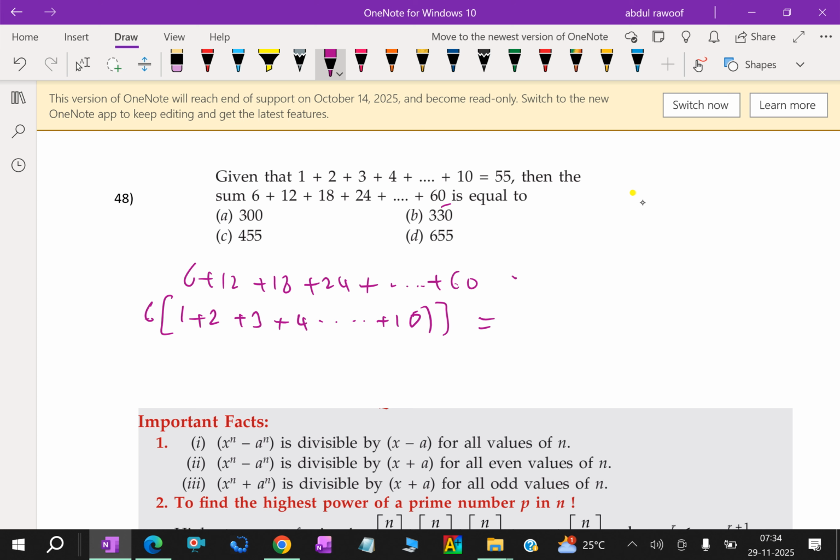So this is equal to 6 times the sum up to 10, which is 55. So 5 6s are 30, carry 3, 5 6s are 30, 3 30, which is 330.